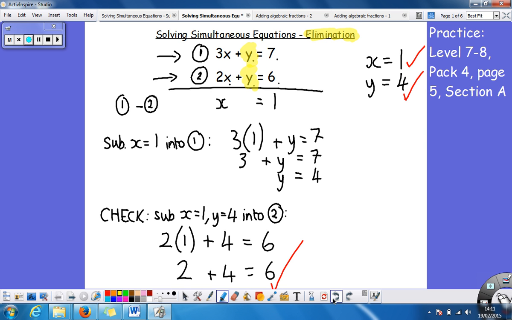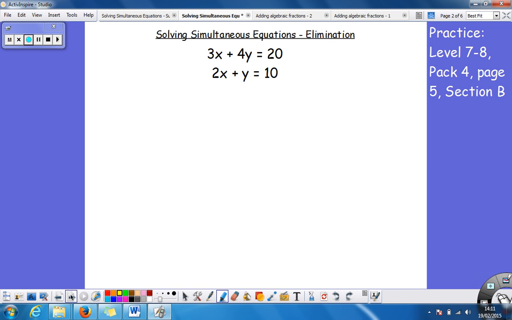But this time I have got 3 x's in one equation, 2 x's in another, and I've got 4 y's in one equation and 1 y in the other. So it's not as simple as the last time. If I subtracted this now, I would still end up with 3 y's altogether, which I don't want. So we need to make some changes to one of these equations so that we can eliminate.